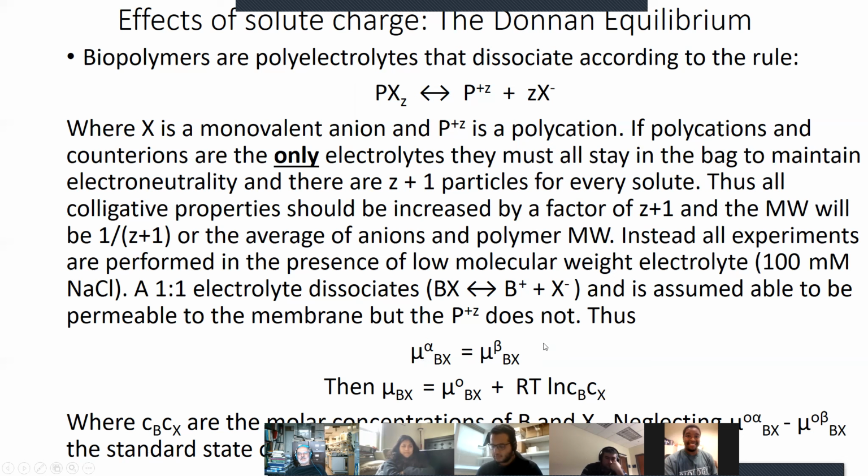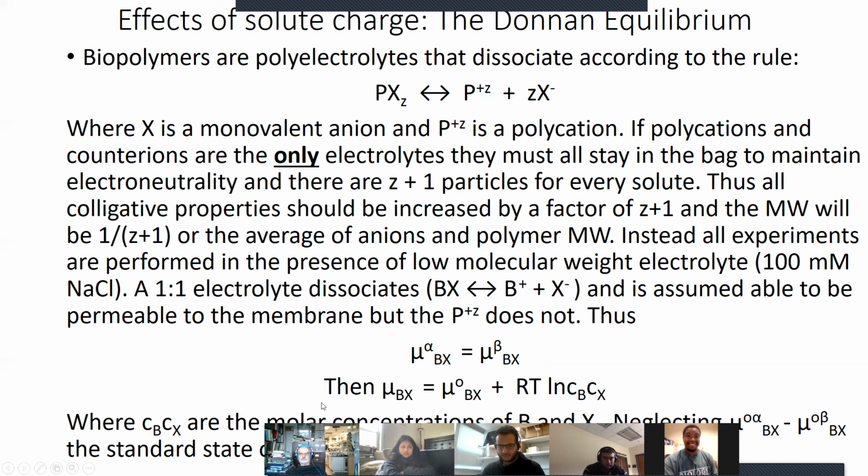The chemical potential across the bag, inside to outside of the salt, is assumed to be equal. And notice we're not writing down a chemical potential for the anion or the cation. They necessarily go together. They can't go independent of one another. You can't have a solution of just sodium. There has to be a counterion.